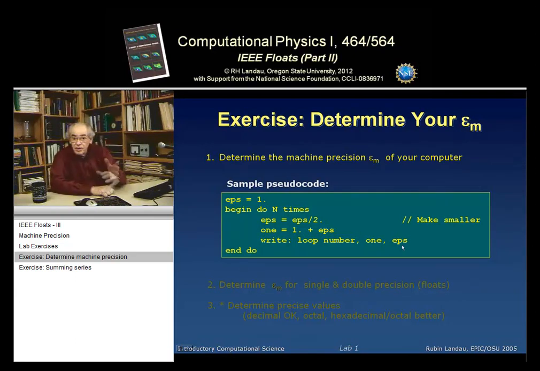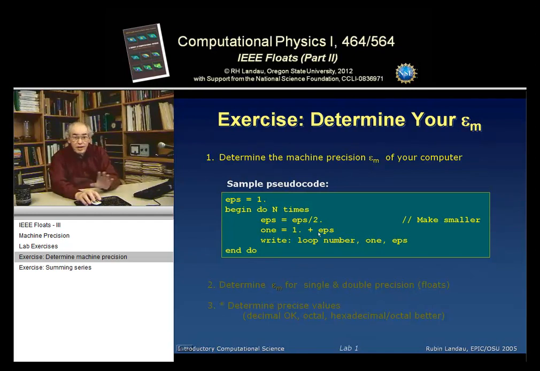And you print it out, make sure it's printed out in enough precision so that you can see all the digits, and at some point this number will be less than 1. So here in the pseudocode, notice that we add the number 1, the actual number 1 point, to epsilon. And then we print out both the number 1 and epsilon.